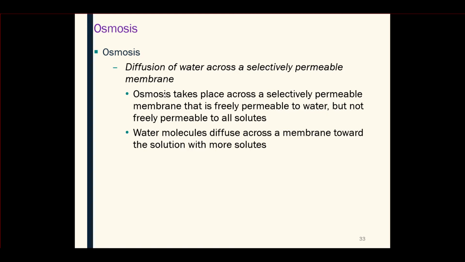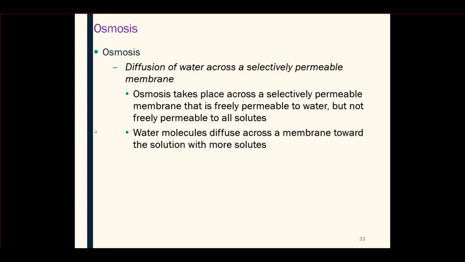Right? Osmosis takes place across a selectively permeable membrane that is freely permeable to water, but not to solutes. It's only going to let water pass through. So this is a type of diffusion, but it's not allowing solutes to move across the membrane. It's going to allow water to move.